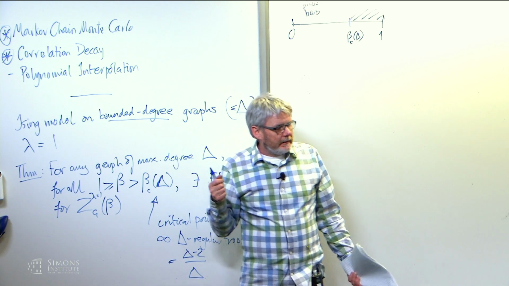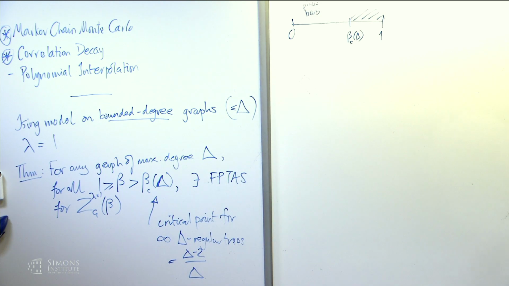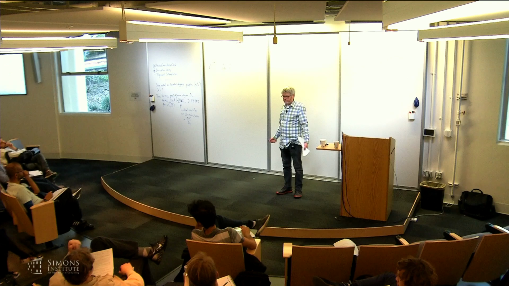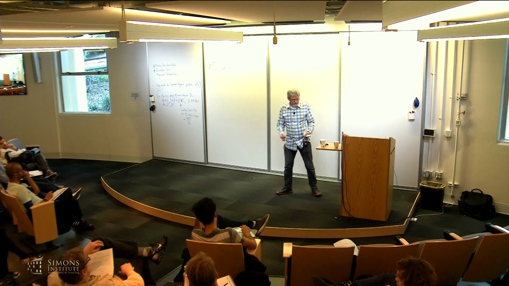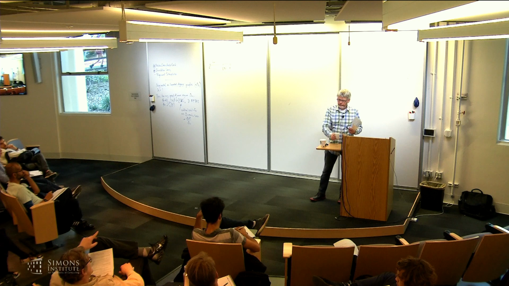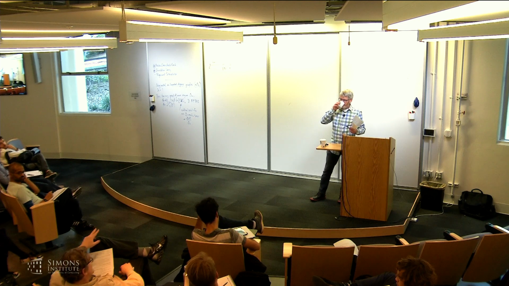I'll say a little bit more about that later. Well, there is a phase transition in this, I cannot pronounce the name, the non-uniqueness of the Gibbs measure, right? Yes. Okay.